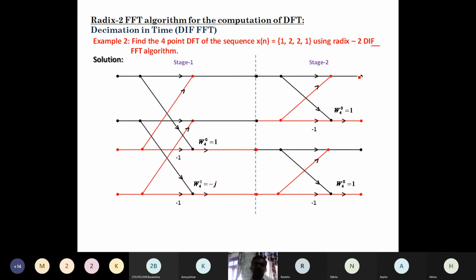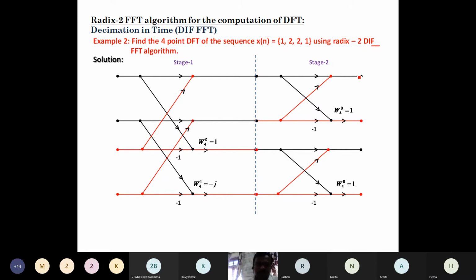Obviously it is a 4-point, meaning it has 2 stages, stage 1 and stage 2. Stage 1 goes from the higher point DFT to the lower point DFT. First you have the 4-point DFT, next you have the 2-point DFT.